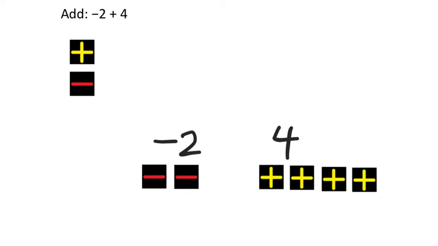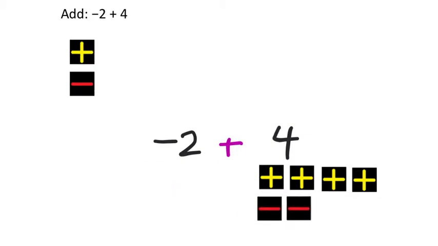Now we are adding these together, which means we can start combining these and seeing if anything zeroes out. So I'll move this over here. What happens is there's a zero pair, +1 and -1, and another positive and -1 as well. So what's the final value?